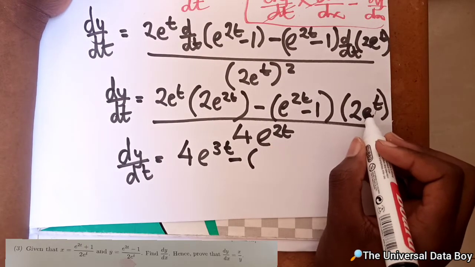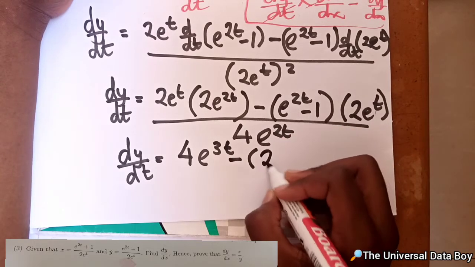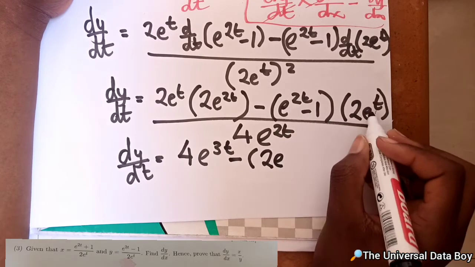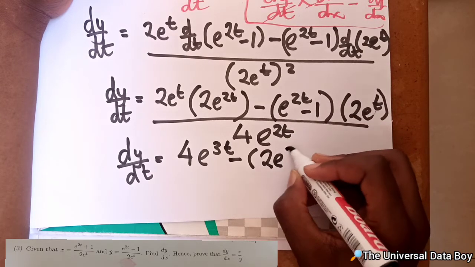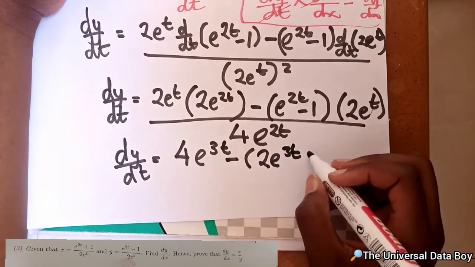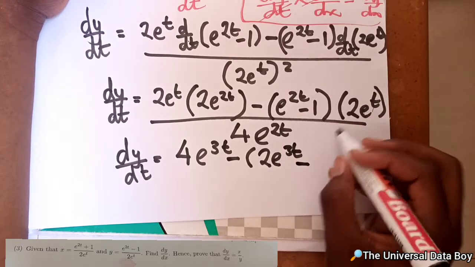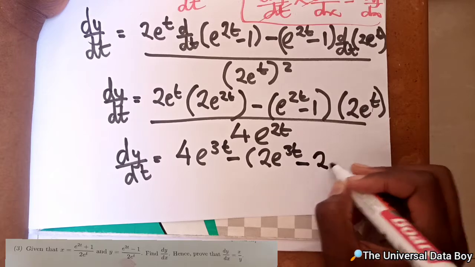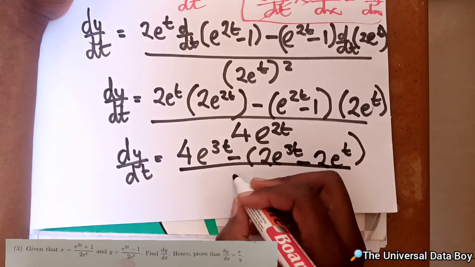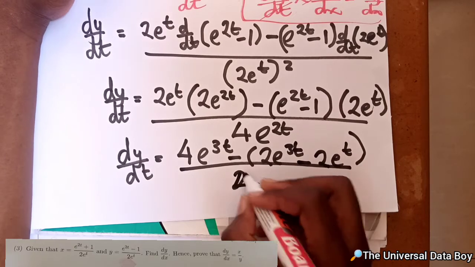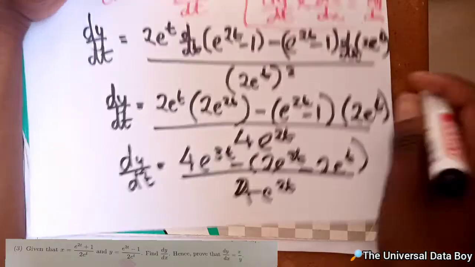So 2e to the power t times e to the power 2t, because we're multiplying, the powers will add. So I have 3t. Then now we're going to subtract this one times this one. This one times 1 is just the same thing. Then not forgetting our denominator, which is 4e to the power 2t.